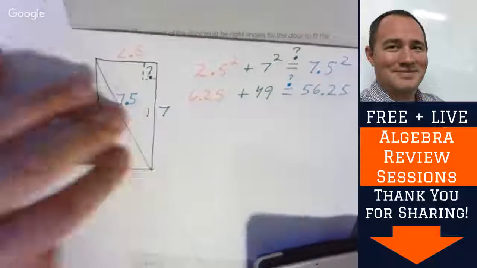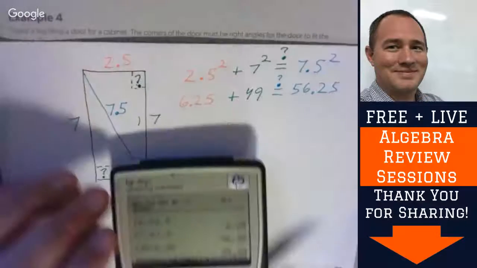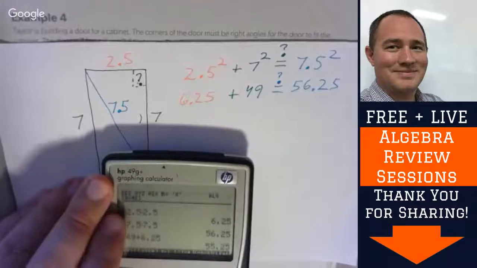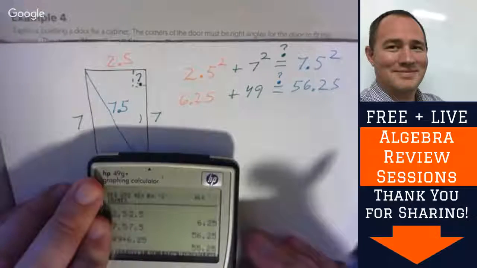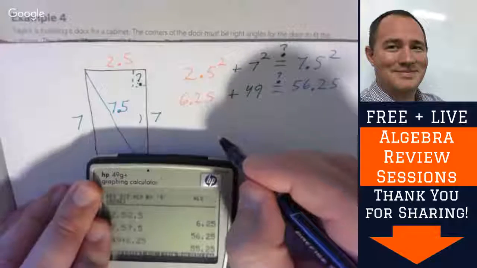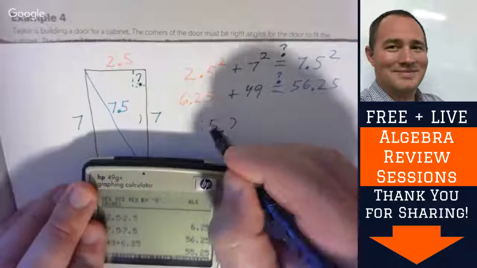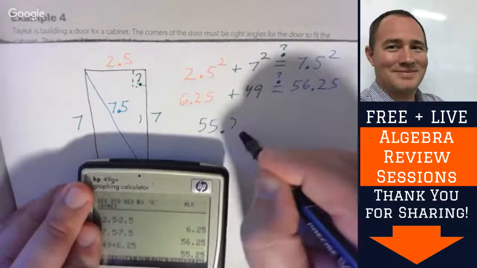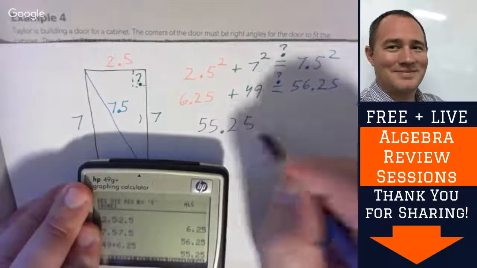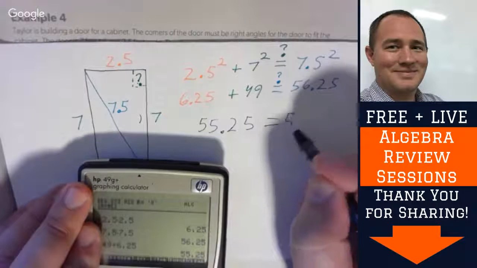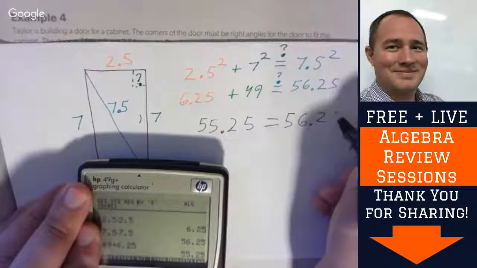So 49 plus, getting my pens, maybe we'll just do this one in black over here, 55.25. Does that equal 56.25?